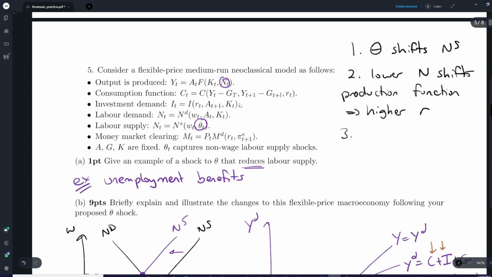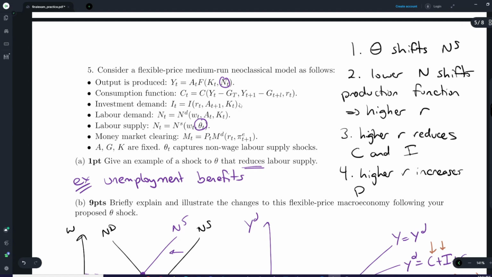It's just maybe I've got the screen zoomed in a lot for this. 3, higher R reduces consumption and investment, right? In the goods market. 4, and higher R increases price level as money demand falls, right? So there's the complete story of this model, right?